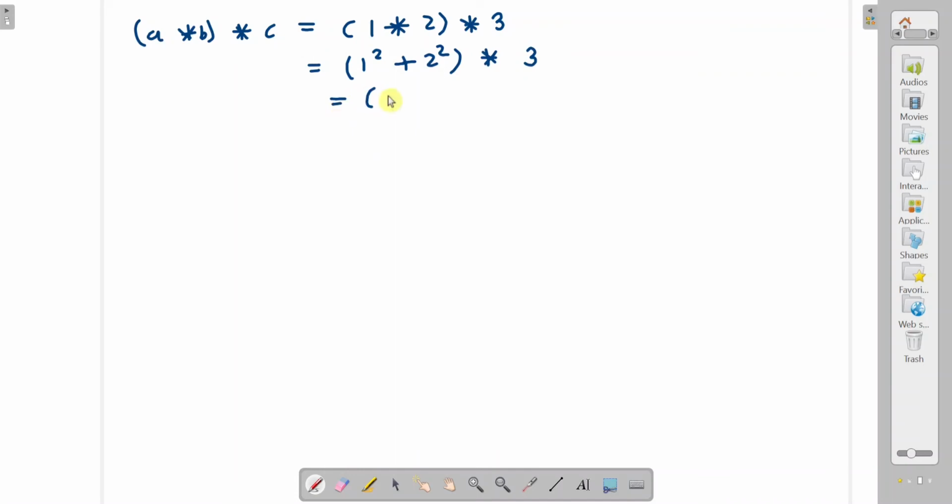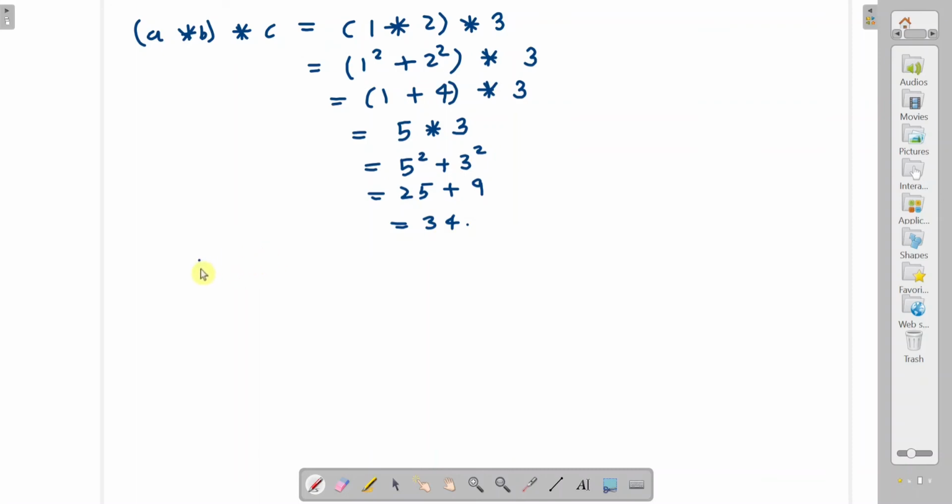So this is equal to 1 plus 4 star 3. That is nothing but 5 star 3. Now by definition of star, again 5 square plus 3 square, that is nothing but 25 plus 9, which will be 34.